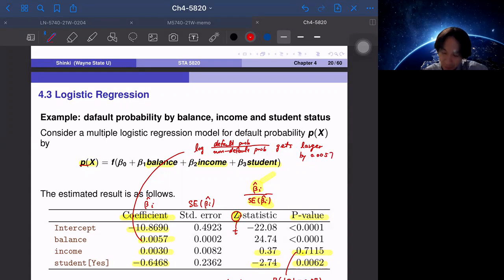So the interpretation is pretty indirect. In short, of course, the default probability gets higher. So the direction is right, but we cannot have a clearer interpretation than this.